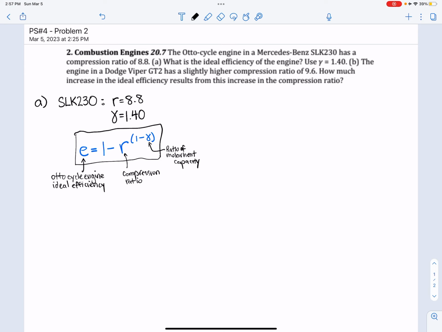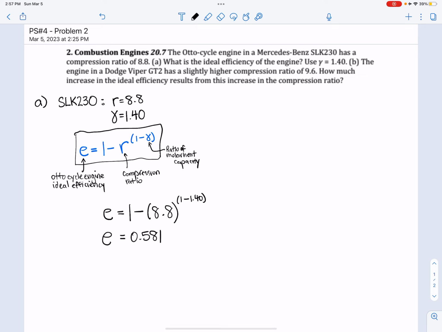We'll find E because we are given R as 8.8 for the SLK 230, to the power of 1 minus gamma, which is 1.40. If you plug that in the calculator, you would find that that is equal to 0.581.